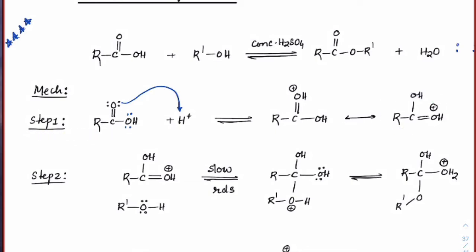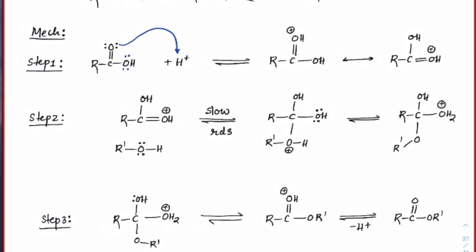Okay, now if you take any of the forms here, the second step is the attack of alcohol as a nucleophile. So which means a nucleophilic addition is being done. When the nucleophilic addition is done, this pi bond will shift on to oxygen as a lone pair. So this is nothing but an SN-TD mechanism, because you can see an sp2 hybridized carbon is converting into an sp3 hybridized carbon, and this reaction usually happens very slow.